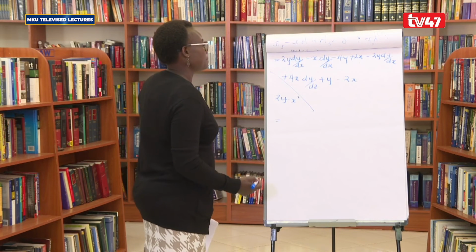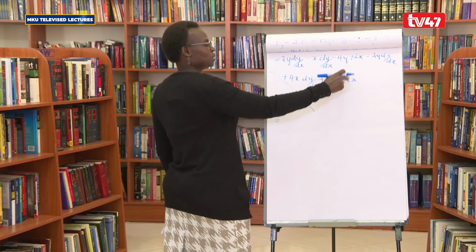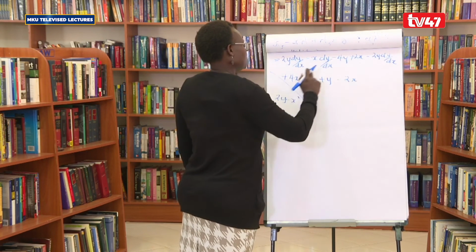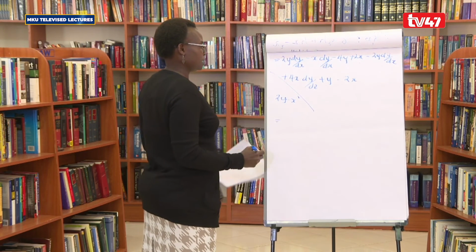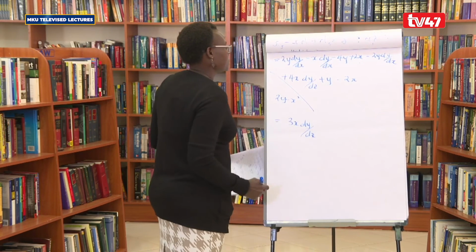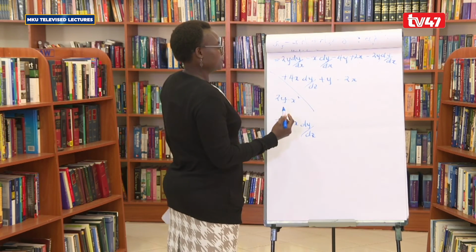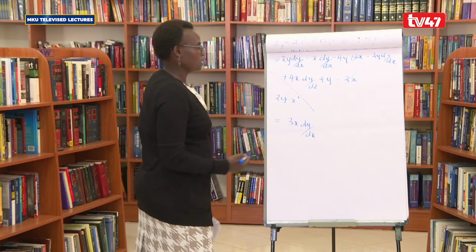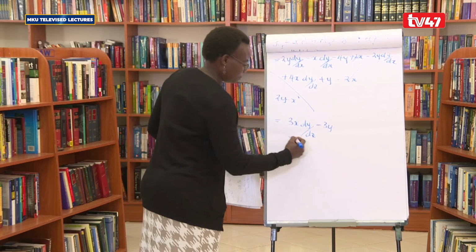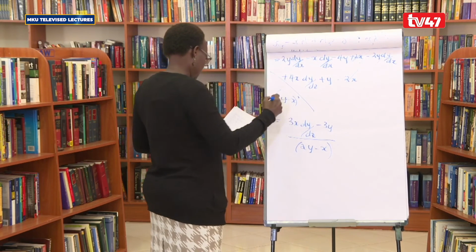So there are those values that will disappear, like this one and this one, and then this one and this one also. So this one will give us 3x dy over dx, and then minus 3y over 2y minus x, all squared.